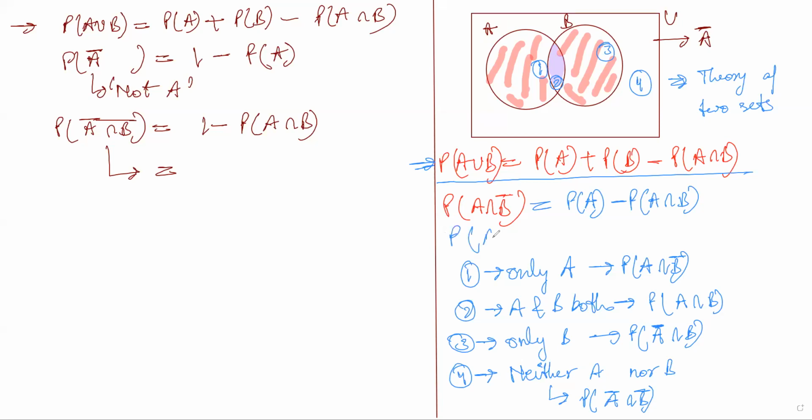Now, on the basis of this, can you tell me this? By the way, the probability of the universal set is 1. Let's say this is 1. This is basically your sample space. Can you find out the probability of A complement intersection B, based on the same approach?